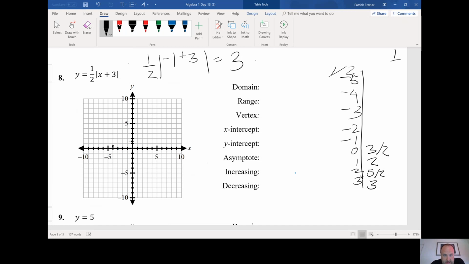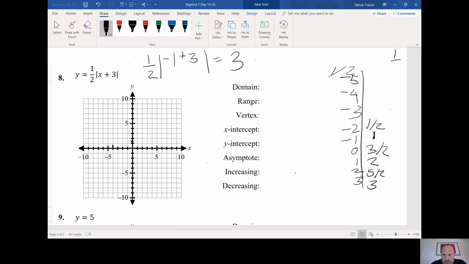The absolute value of 2 is still 2, and 2 times 1/2 is 1. And then -2: -2 plus 3 is 1, and 1 times 1/2 is 1/2.